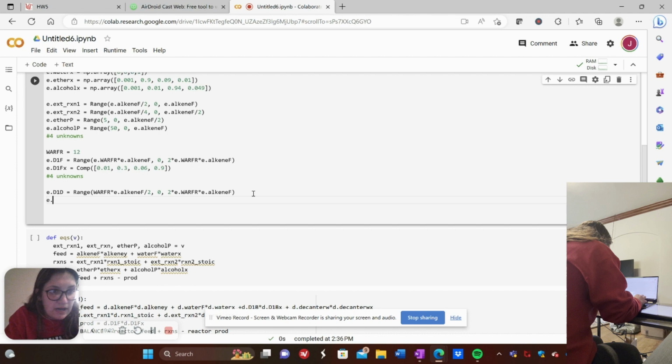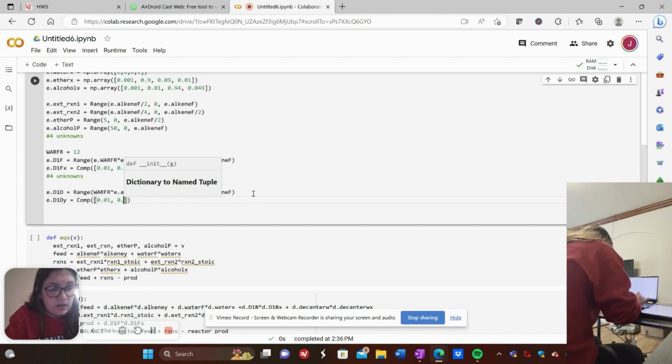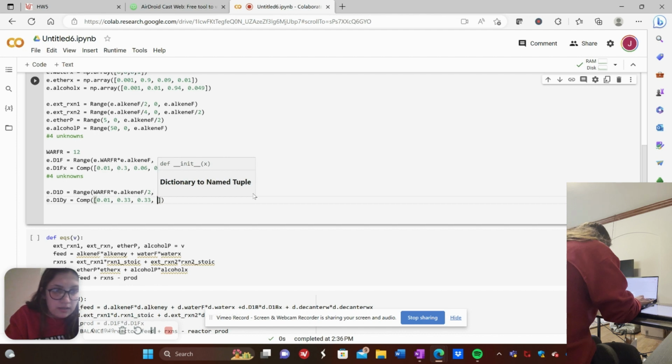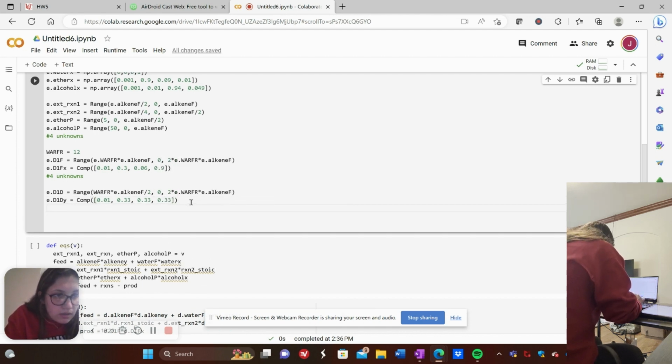And then for our composition, we're going to guess that maybe it's all pretty even, but we should have used up most of that alkene by now. Okay, so that's another 4 unknowns there.